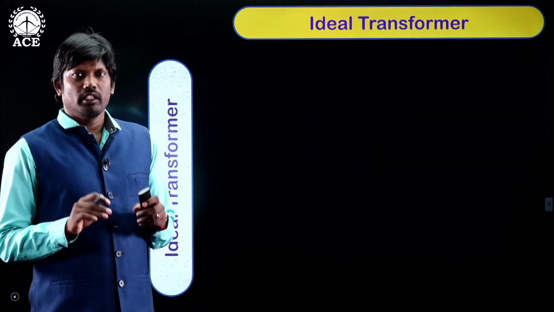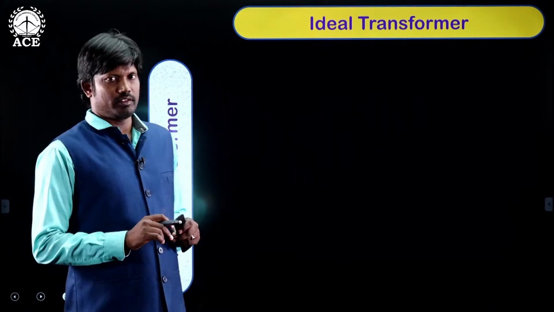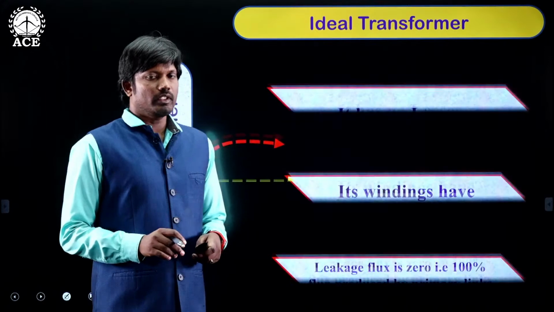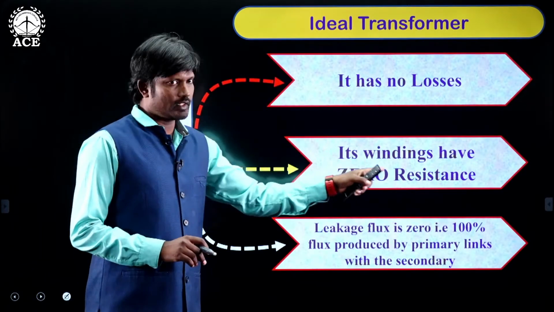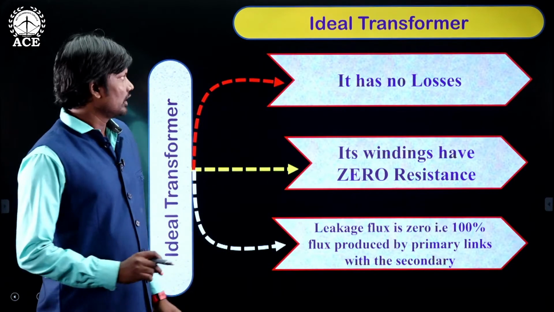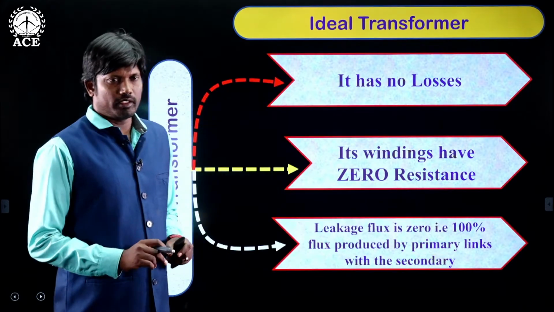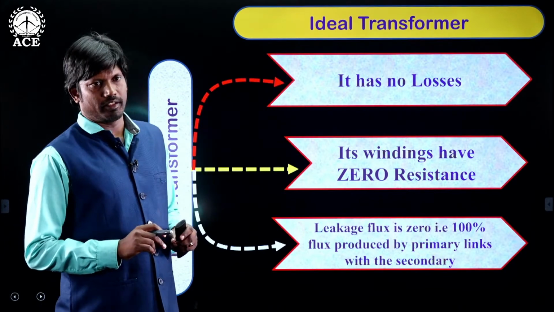The first one, it has no losses. Its windings have zero resistance, and third one, leakage flux is zero, that is 100% of the flux produced in the primary is linked with the secondary.